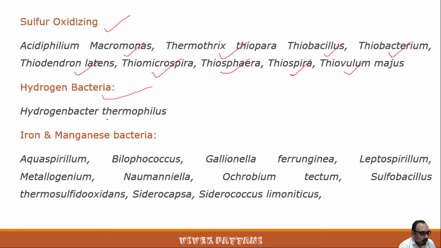Next we have hydrogen bacteria, which includes Hydrogenobacter thermophilus, and the iron and manganese bacteria, which includes Aquaspirillum, which we have already studied, Blastocaulis, Gallionella ferruginea, Leptospirillum, Metallogenium, Naumanniella, Ochrobium tectum, Sulfobacillus thermosulfidooxidans, Siderocapsa, Siderococcus, Limoniticus.